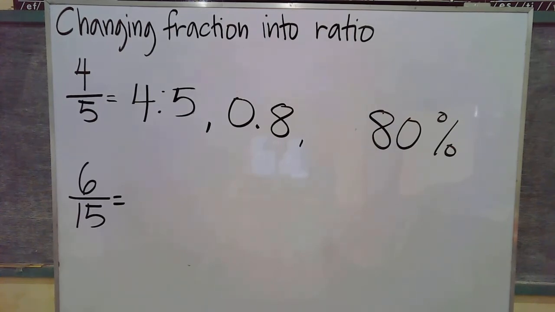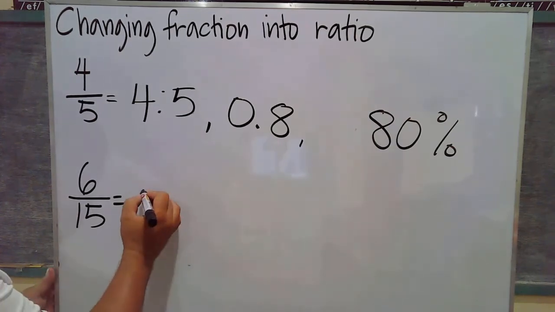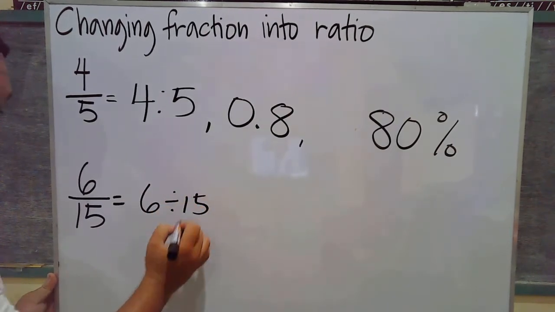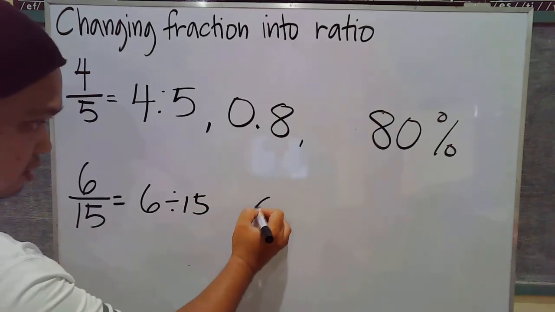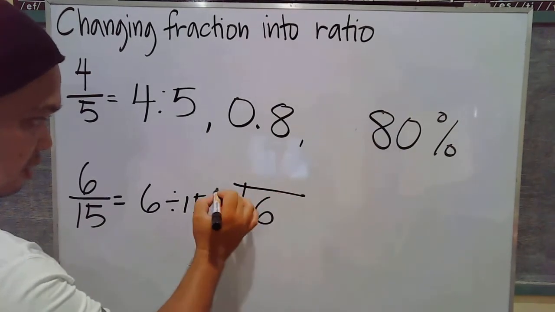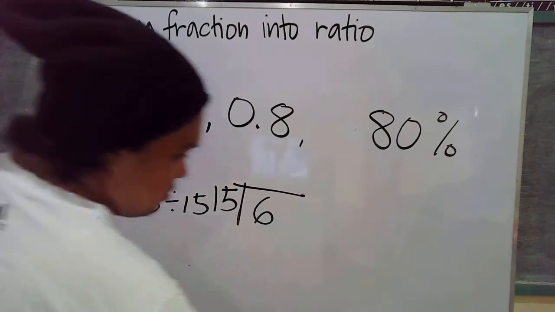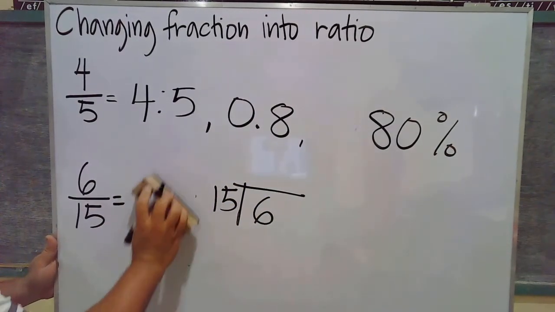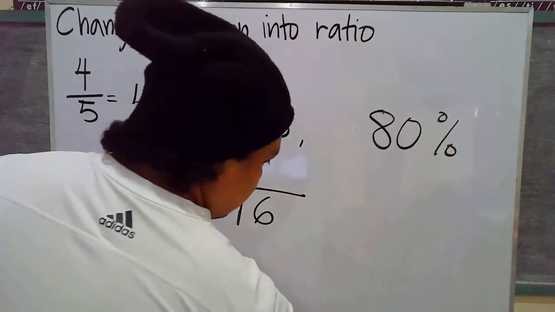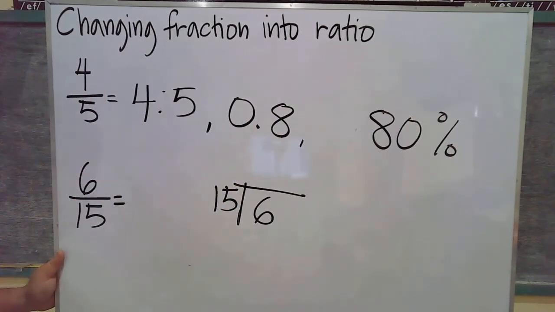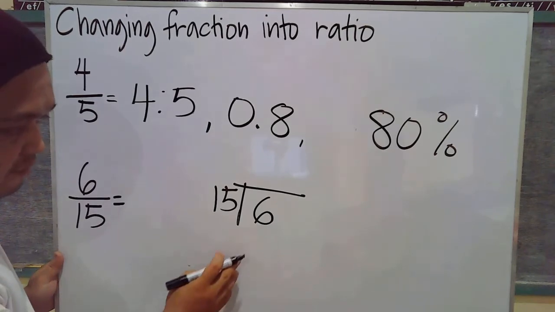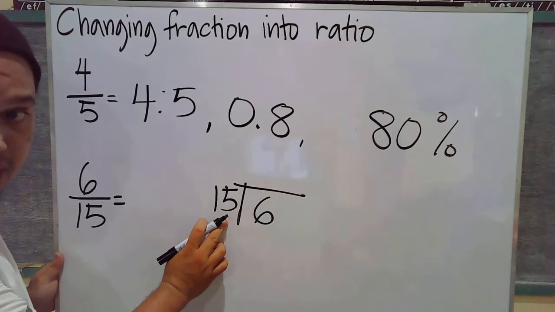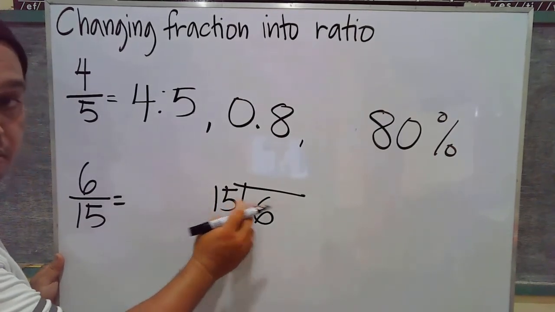Okay. So we have 6. We're gonna divide 6 divided by 15. To divide them, we cannot divide because 15 is greater than 6.